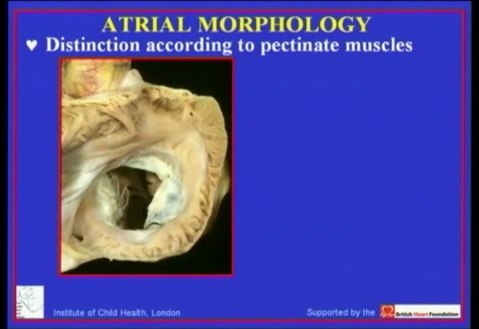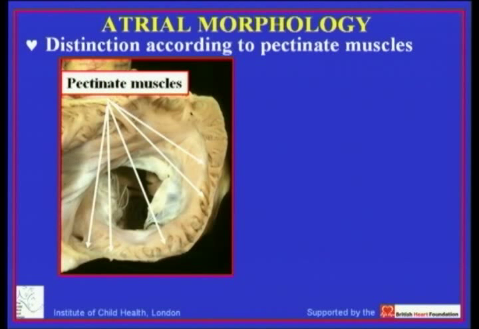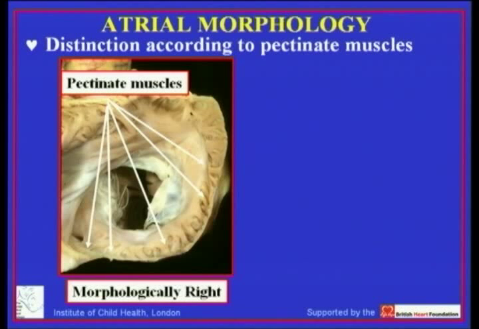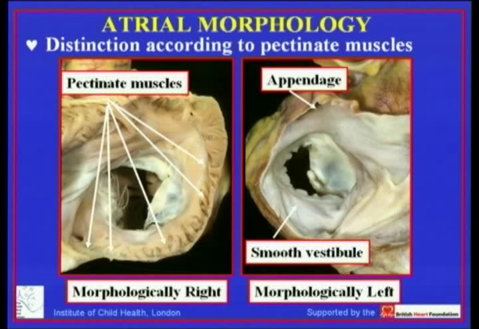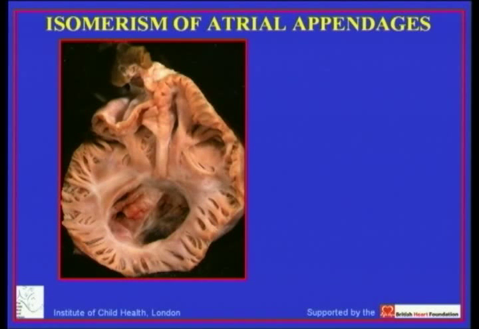Now let me emphasize again that we distinguish the arrangement of the appendages not on their shape, but on the extent of the pectinate muscles. When the pectinate muscles encircle the vestibule of either atrioventricular junction, the appendage is morphologically right, whereas when the pectinate muscles are confined within a tubular appendage and there is a smooth vestibule, it is morphologically left.